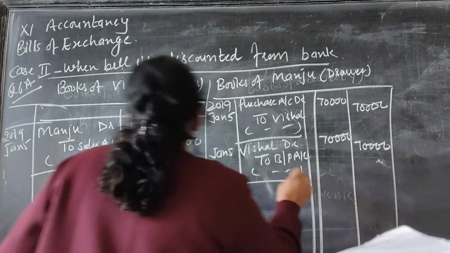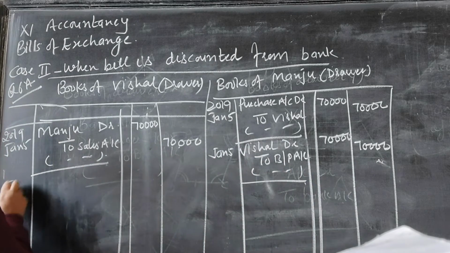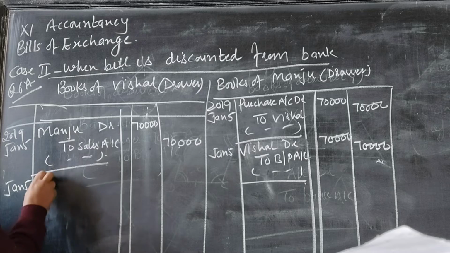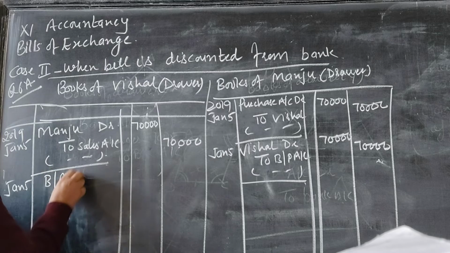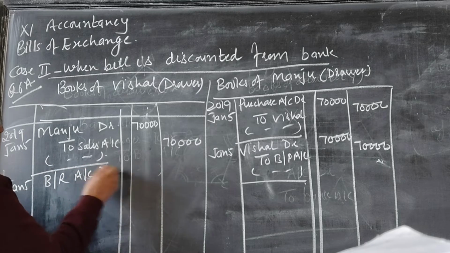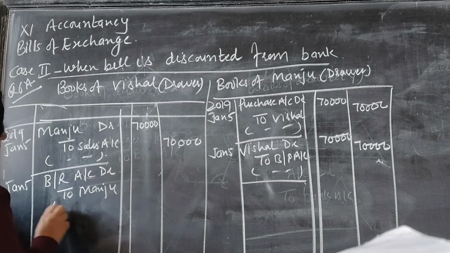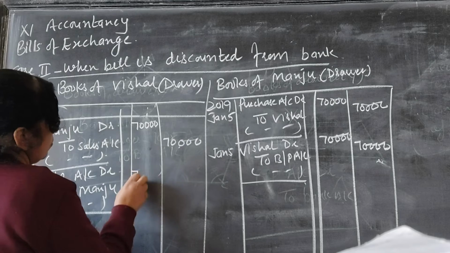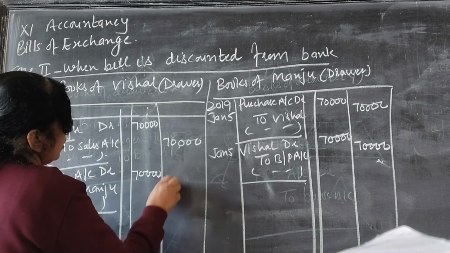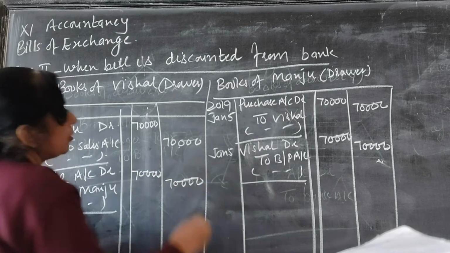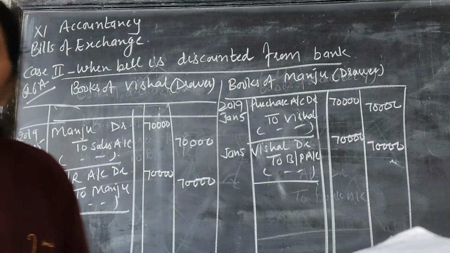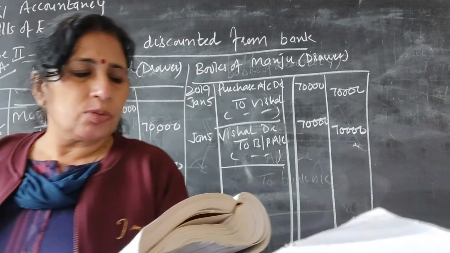And in the books of Vishal, bills receivable account debit to Manju. The bill is accepted and the amount of the bill is rupees 70,000.